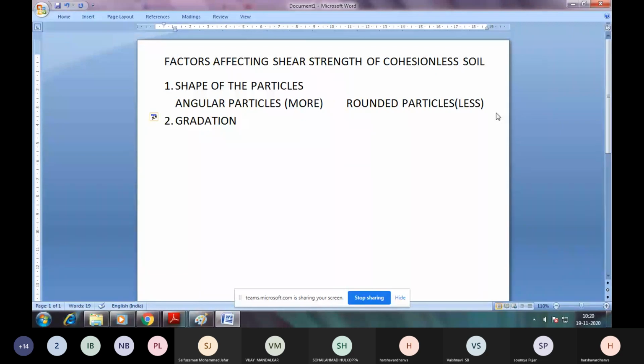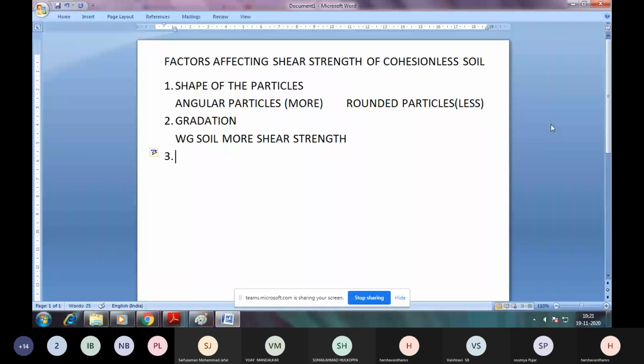Poorly graded meaning some particle sizes may be missing, or uniformly graded meaning only one particle size is present. The symbol for well graded is WG. Well graded soil has more shear strength compared to poorly graded or uniformly graded particles.